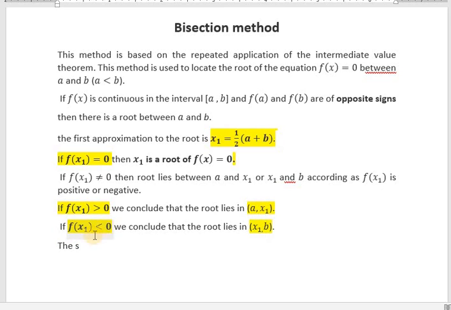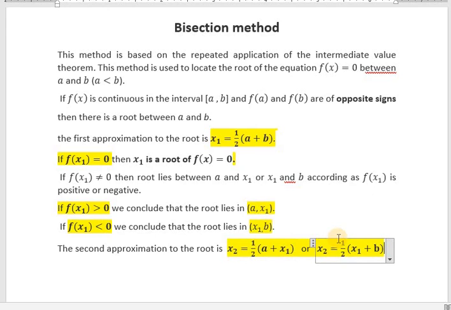If f(x1) is less than 0, we conclude that the root lies in the interval (x1, b). The second approximation to the root is x2 = half of (a plus x1), or x2 = half of (x1 plus b).